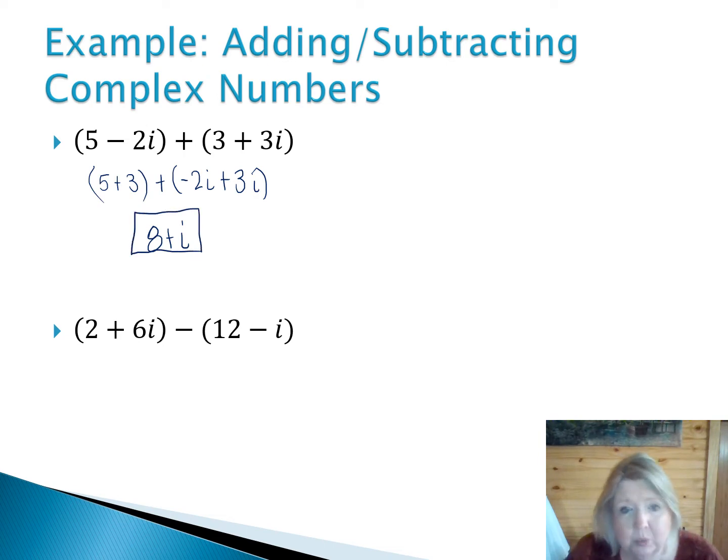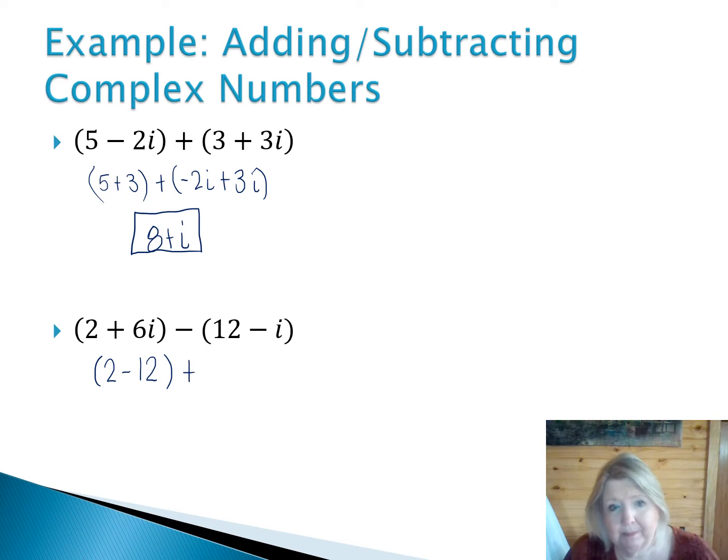The same story with subtraction, but let me give you a word of caution again. That's a minus sign in front of parentheses. Many students will forget that it must be distributed. So you've either got to hit it twice or distribute it, whichever way you want to look at it. But my real part is going to be 2 minus 12. Most people don't miss that one.